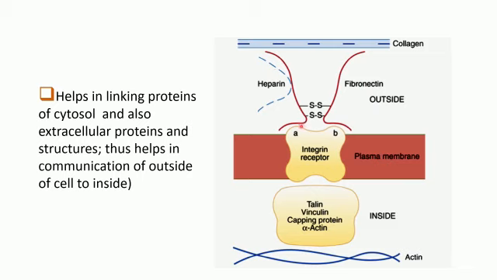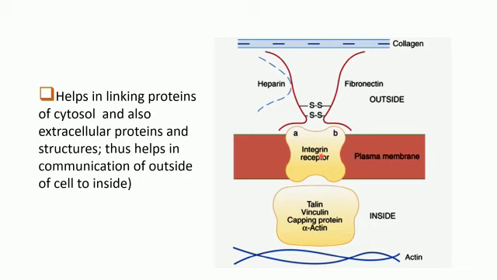As I have told you, there are two identical subunits, subunit 1 and subunit 2, and they are joined by disulfide bonds. So this is the homodimer of the fibronectin protein. Now it is present in the extracellular matrix, and it is binding to the integrin receptor that is present in the plasma membrane, having two subunits, alpha and beta. A and B mean alpha and beta.